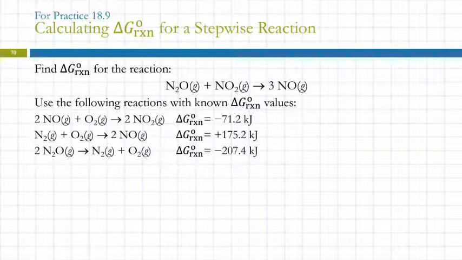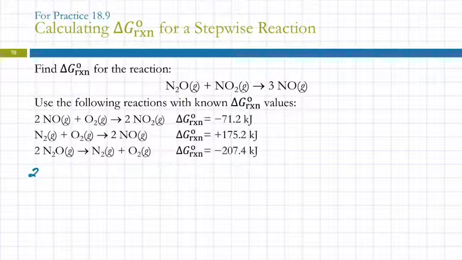I tend to start with the first equation, and what I'm going to look at is, are any of these things on the right side of the arrow? So here I have NO as a reactant, but in my ultimate answer, I want to have NO as a product. I have NO2 as a product here, and here I have NO2 as a reactant. So that tells me I need to reverse this reaction, write it backwards.